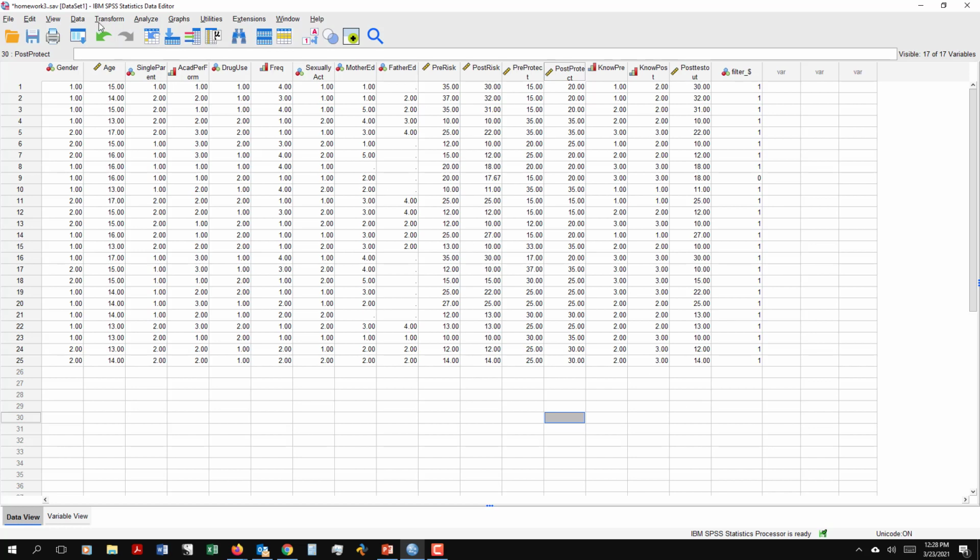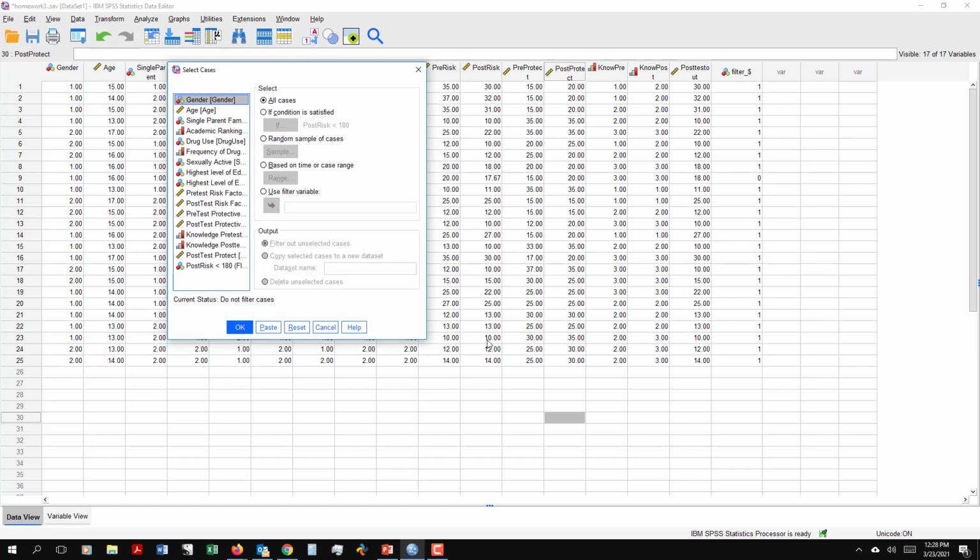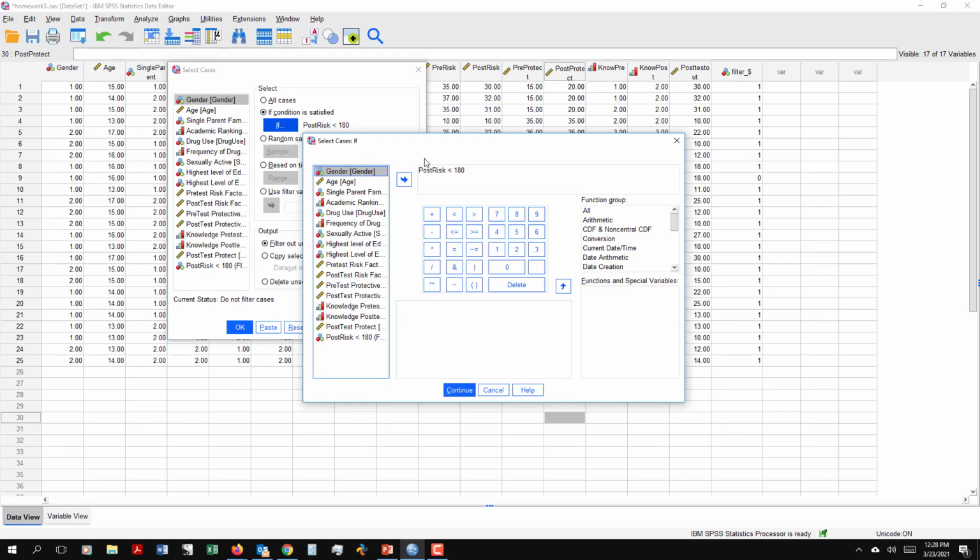Well, again, we can come back and we can select our cases that we want to run. So we're going to say, let's include, let's get rid of this one, and let's put gender over there, and let's include gender if it equals, we're going to select the gender cases if it equals 1.